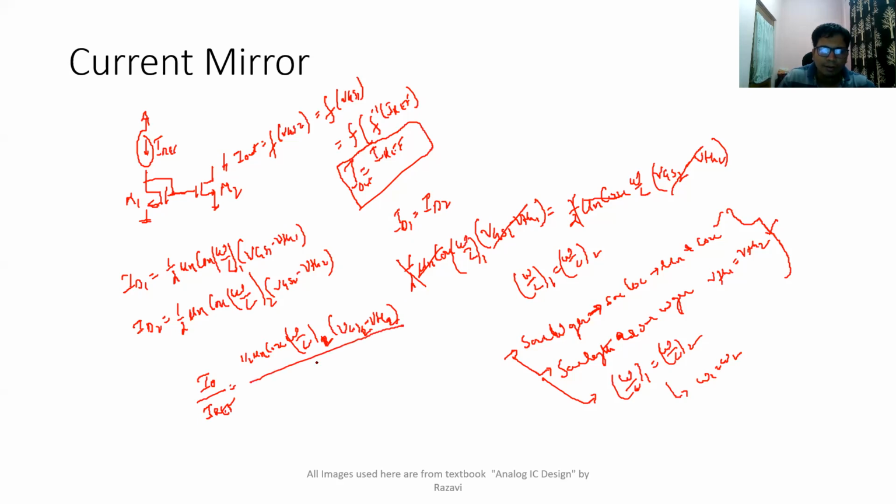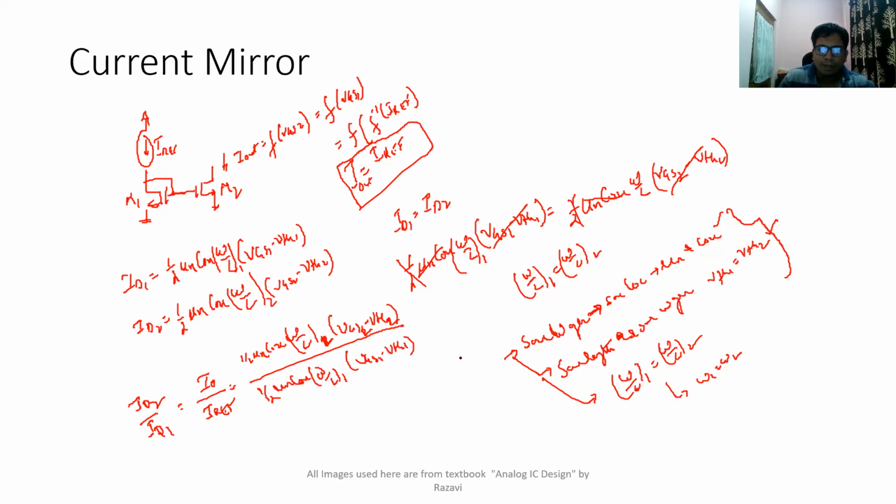And what is the I ref equation? I naught is nothing but the second transistor's ID2, and I1 is nothing but the first transistor's ID1. So I have substituted their equations, and this is what we get: W by L of 1, VGS1 minus VTH1.